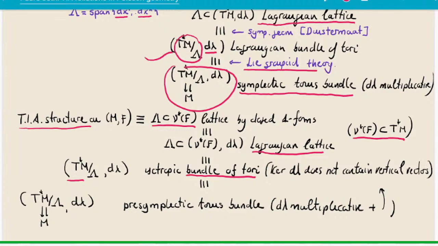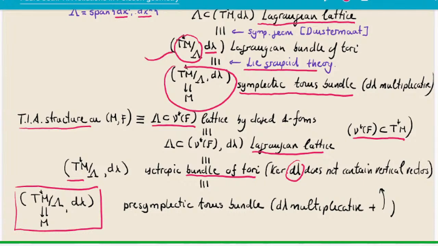And also there's an important property of the induced two form. This two form won't be symplectic, but its kernel won't mess up with the vertical directions. And again, that property is describing an object which belongs to Lie groupoid theory. So that's a so-called presymplectic torus bundle.